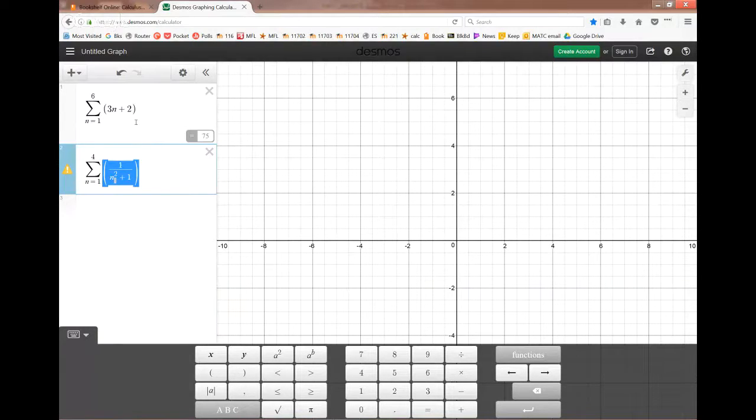I don't know what's going on here. Let's try this again. So it was 0, 4. Whoop. And 1 over, was it k squared? What did it say? K squared plus 1. So in this case, we're going to say n squared plus 1.